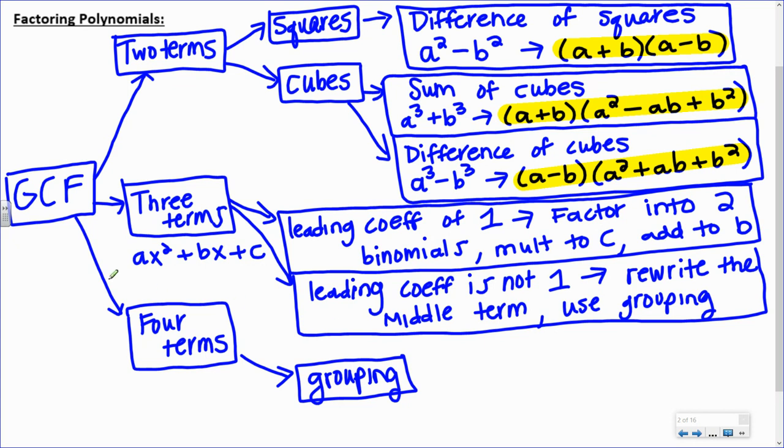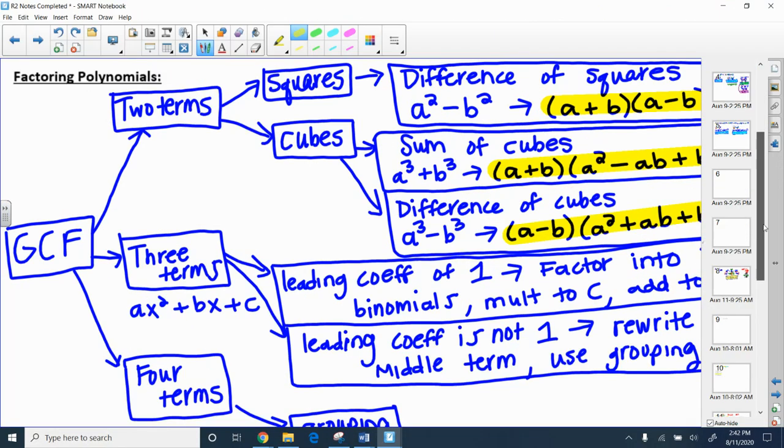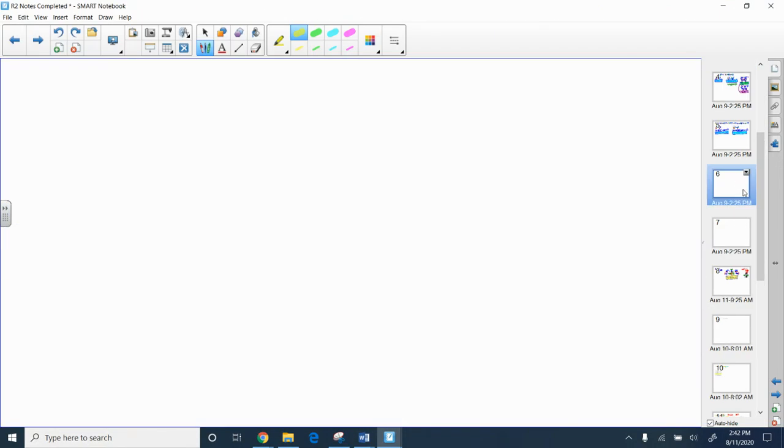And then grouping is very important because we also have to use it when there's 3 terms if the leading coefficient is not 1. So all the examples we're going to see today, we are going to be using grouping. So let's find our examples.